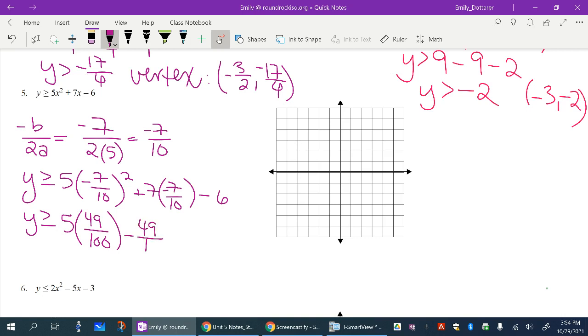Minus 49 over 10 minus 6. 49 over 100 times 5 is 49 over 20. 49 times 2 is 98, and 6 times 20 is 120. 49 minus 98 is negative 49. And negative 49 and negative 120.